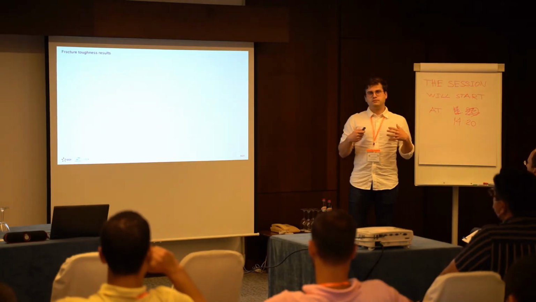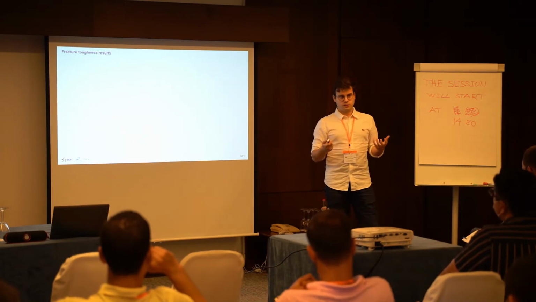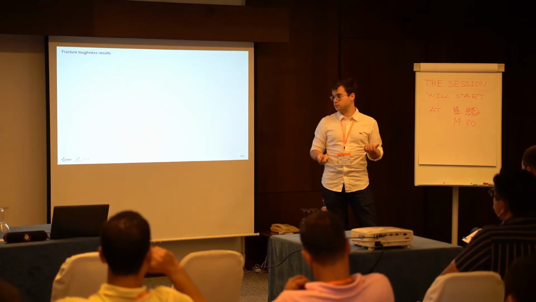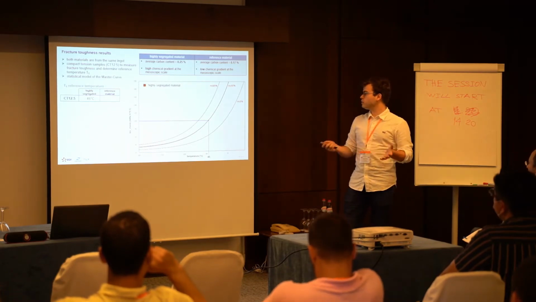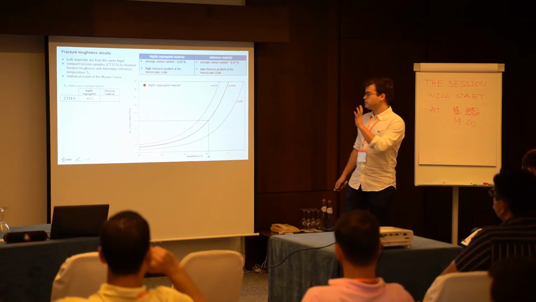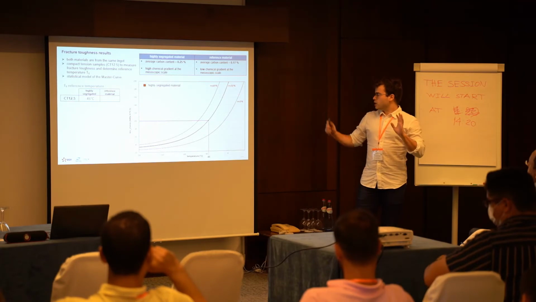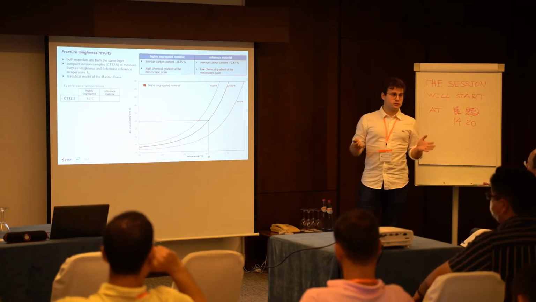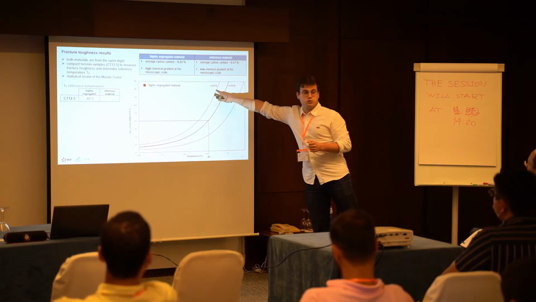So, compact tension specimens were used to determine the fracture toughness properties of both materials. Here you can see the experimental data sets for the highly segregated material, represented by the statistical model of the master curve, which means that 90% of the experimental results are located between the two dotted lines.